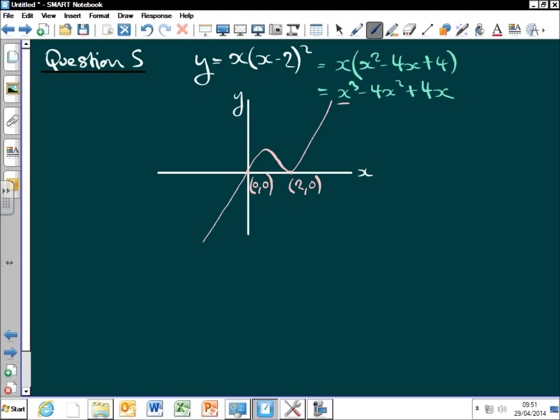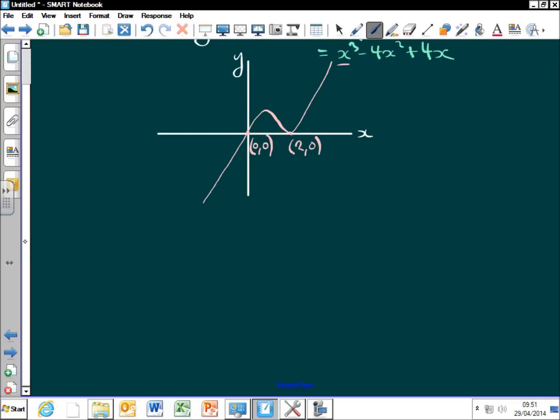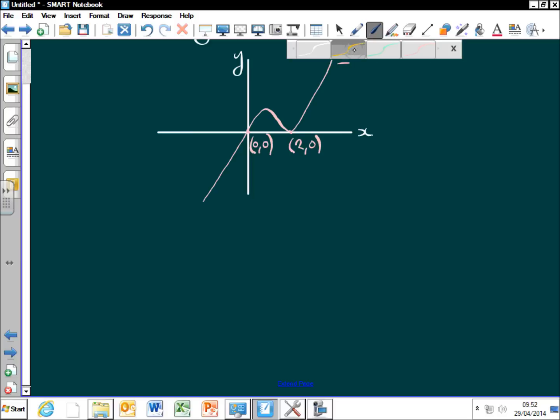So now, for the next part, it says show that x multiplied by x minus 2 squared equals 3 can be rewritten like that. Well, we've already multiplied out the first statement, so let's just write down what we've got to do.